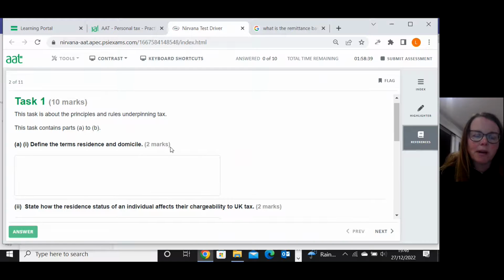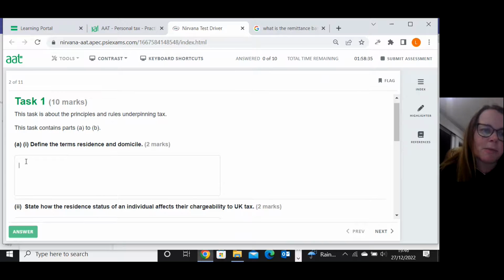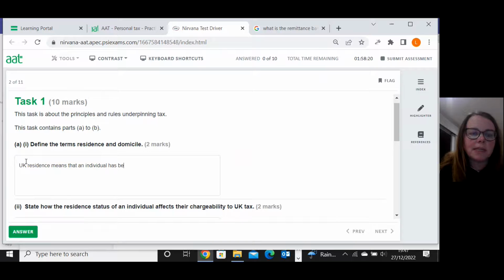So for 2 marks, define the terms residence and domicile. So there's only going to be 1 mark for each one. So I would probably be saying something like, UK residence means that an individual has been based in the UK for the current tax year.